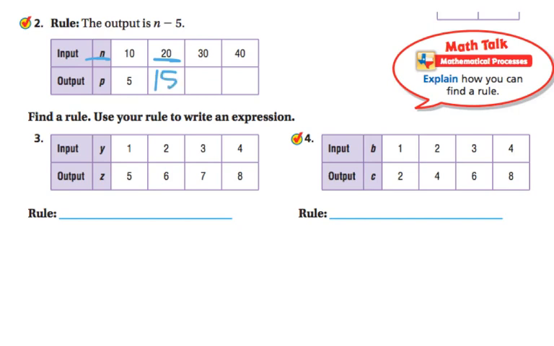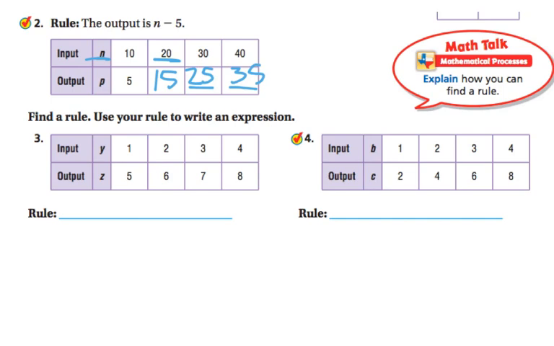All right, I want you to do these next 2 boxes, and we'll check and see if we get the same answers. All right, hopefully when you had 30 and you took 5 away, you had 25 left over. And then when you had 40 and you took 5 away, you got 35.